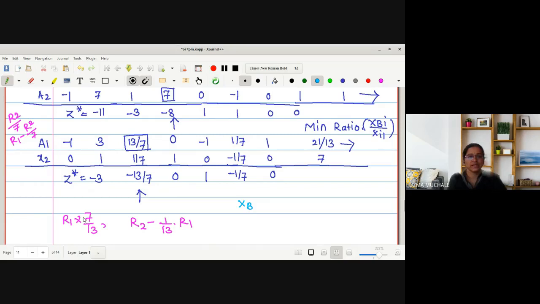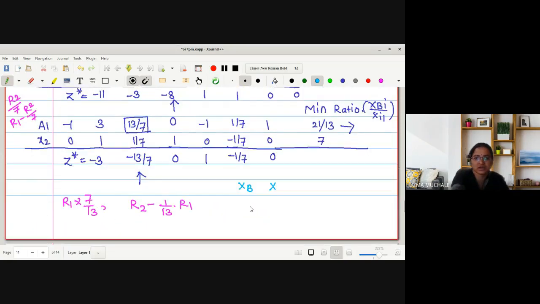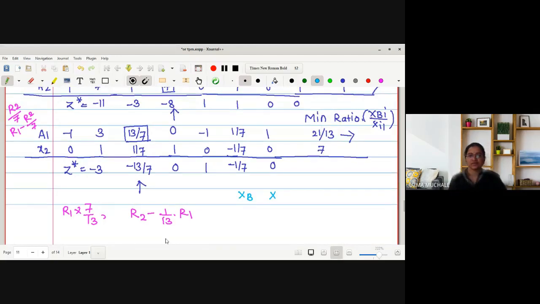We are going to multiply by 7 by 13 to first row XB. Do I write it here? Yeah, I can write it. 7 by 13 into 3, is it 21 by 13? Yes, ma'am.